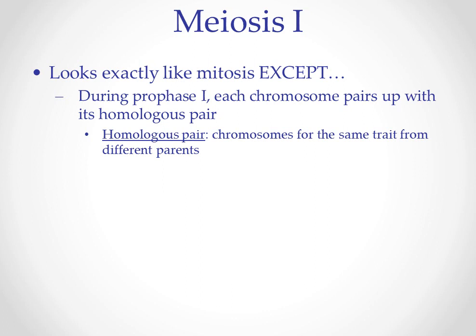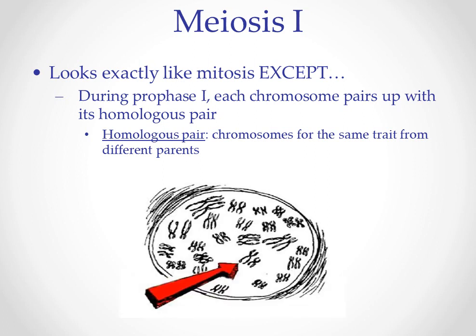For example, I have brown eyes. My mom has brown eyes, but my dad has green eyes. So I got one from my mom, which is brown, and one from my dad, which is green. Those are homologous.